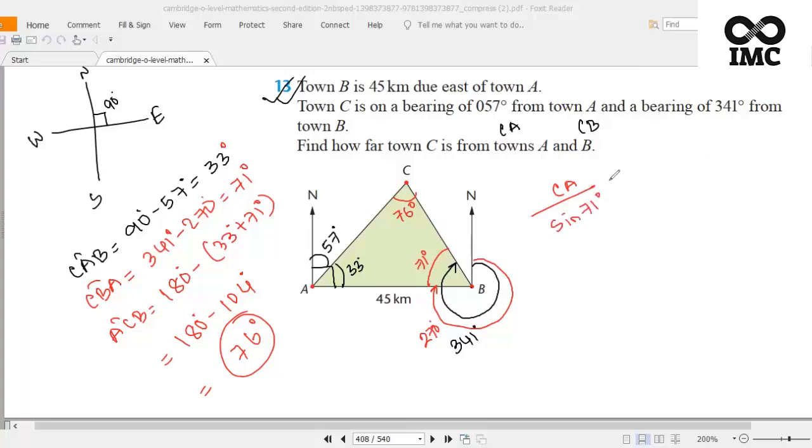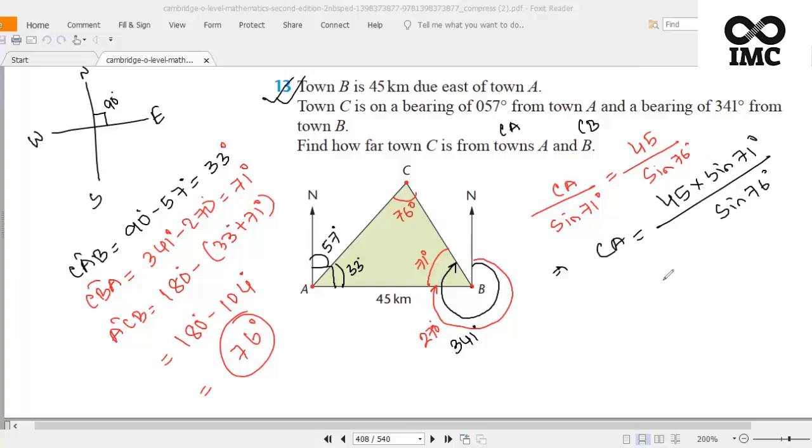CA by sine 71 is equal to 45 by sine 76 degrees. So CA will be 45 multiplied by sine 71 degrees divided by sine 76 degrees. If we solve this, we can find that CA will be 43.9 kilometers.